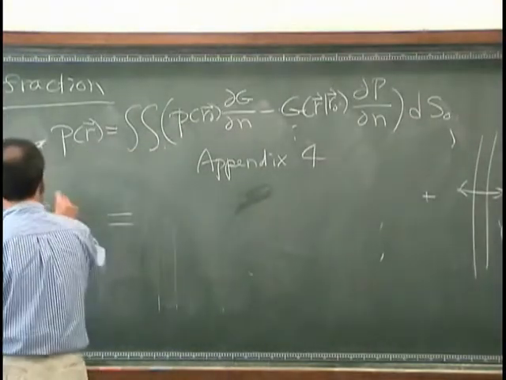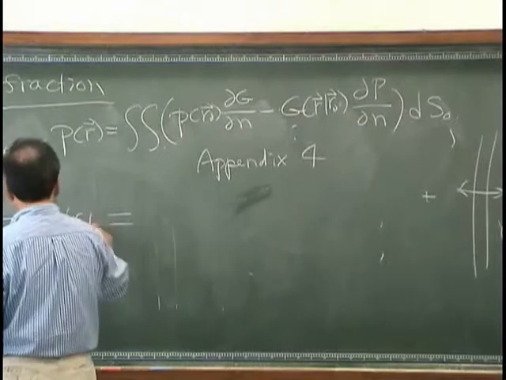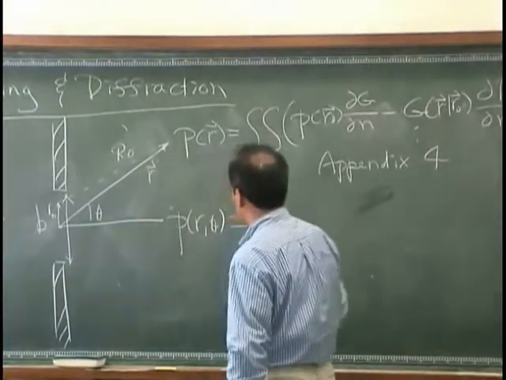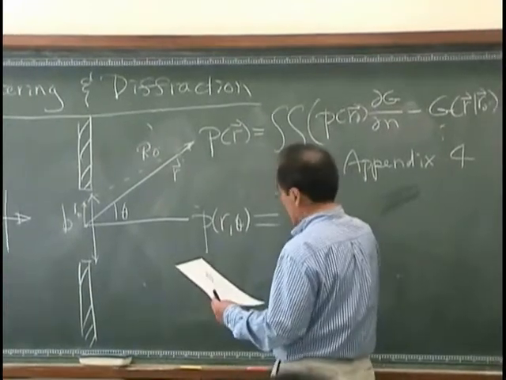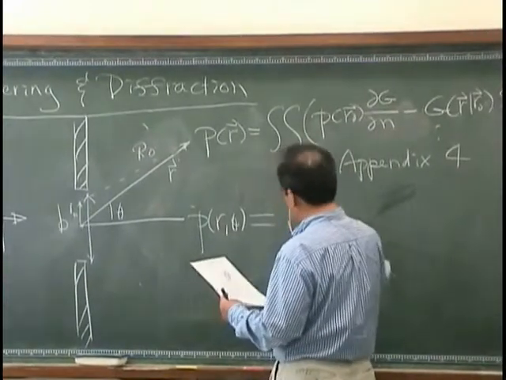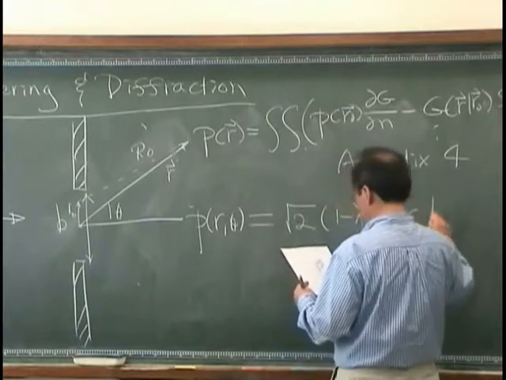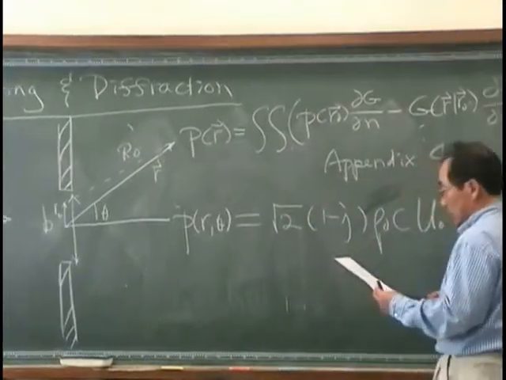P, the pressure at R and theta. In other words, this is R and this is theta. It is square root of 2 times 1 minus j, rho 0 c U0.